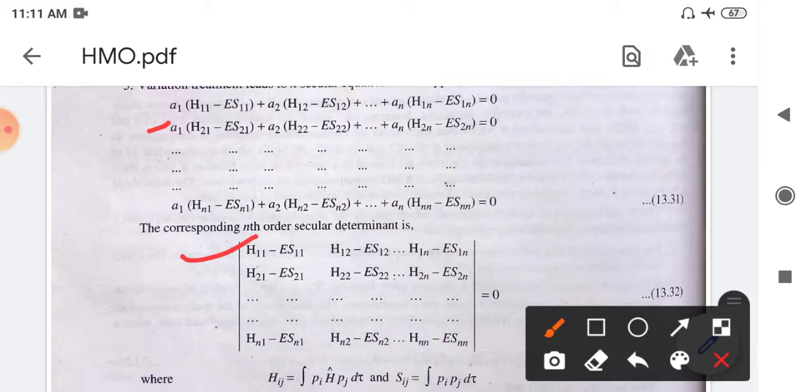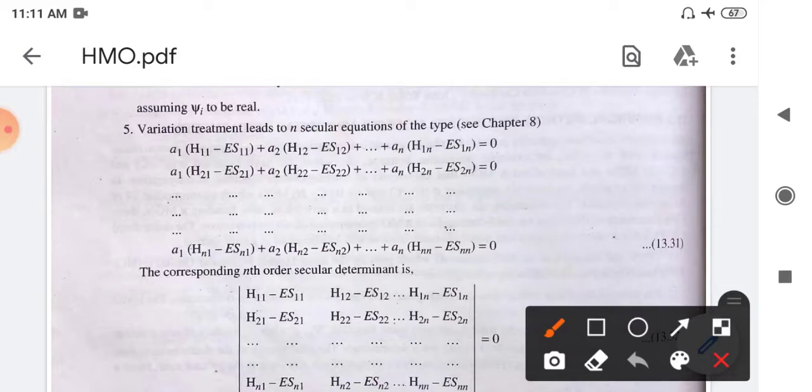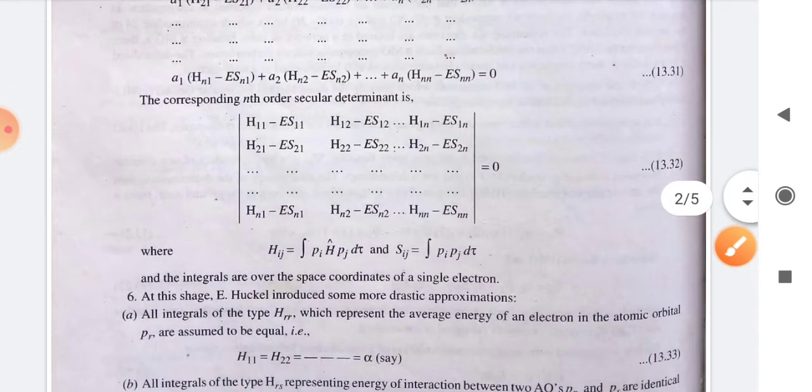Then the coefficient of A2 is h12 minus es12. All of these terms represent the contribution of each orbital to the given wave equation. Once we solve actual problems, we will get a clearer idea of how this concept works for an actual system.